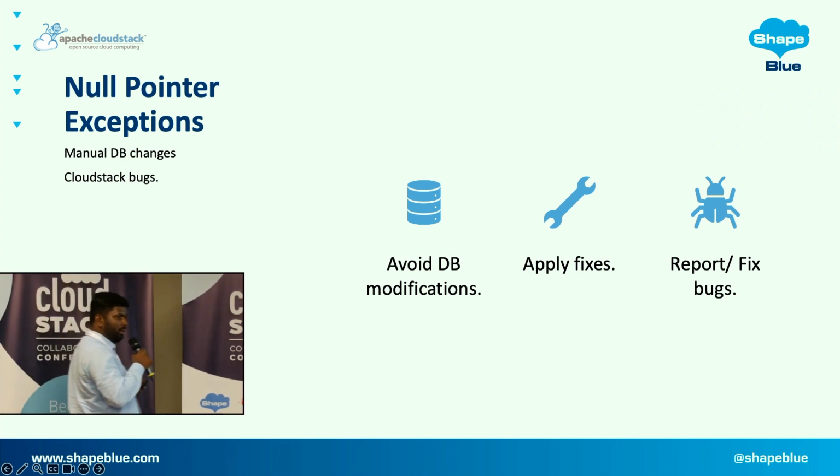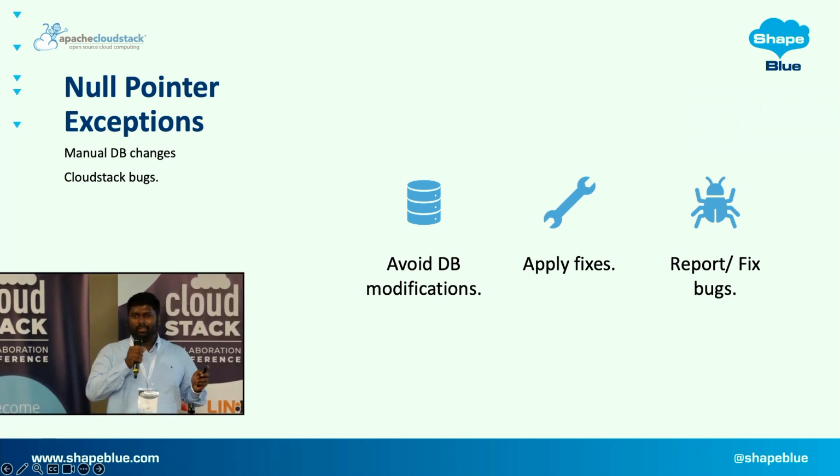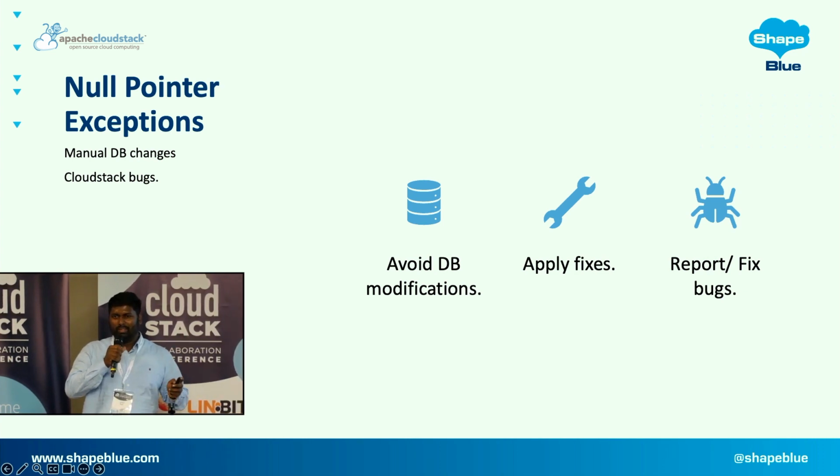And I could say that deployment worked well. Compared to the issues I was handling for the customers, I did not face any issue. So when you're making manual changes, at least make sure you do thorough testing, and avoid them as much as possible. This could also happen, even if you don't modify the DB, due to bugs in the product. There may be fixes available in newer versions, and you could apply them. Otherwise, you could find a fix yourself or report the bug.